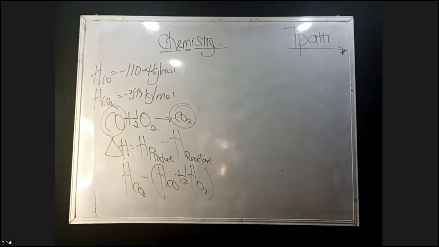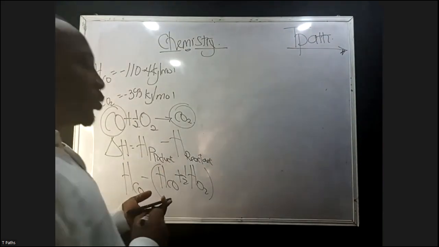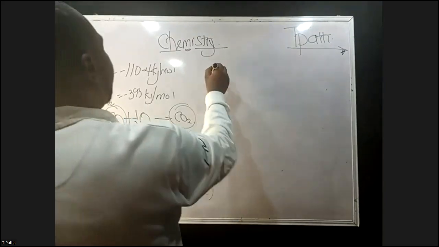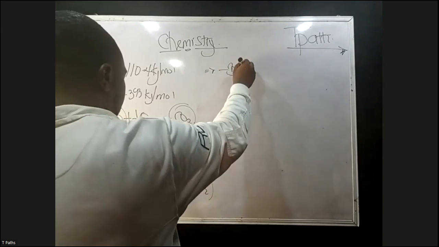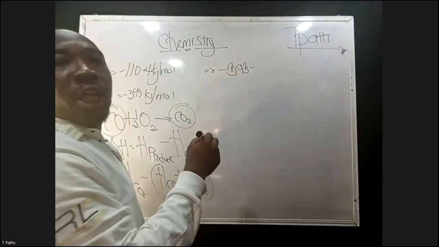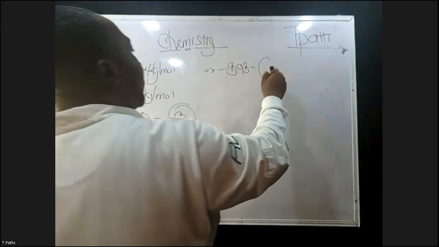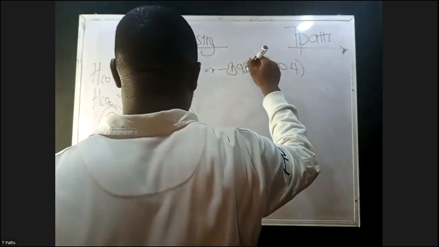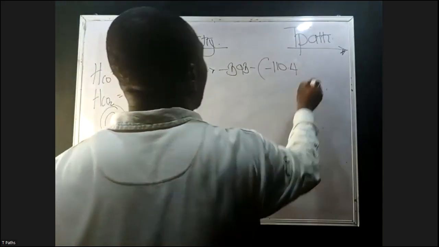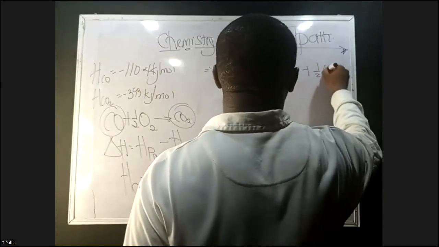So knowing that, we can continue. HCO2 is minus 393, minus HCO, which is minus 110.4, plus half H of O2, which is 0.